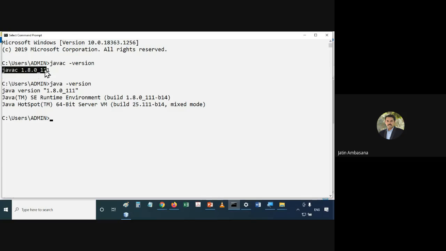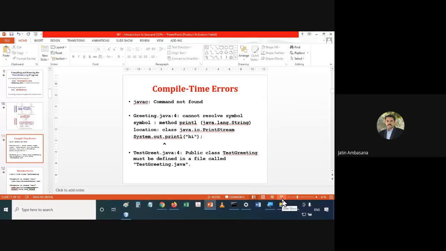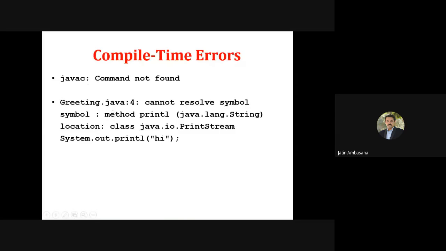Make sure these two commands run on your machine properly, and make sure the versions are also the same. Fine, that's what I wanted to say. Once you've done that, this error will go away. The command not found error will go away.